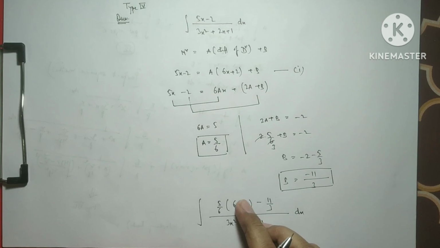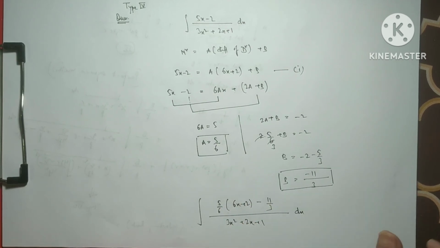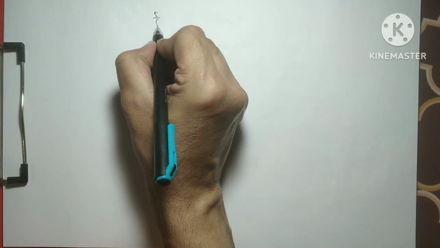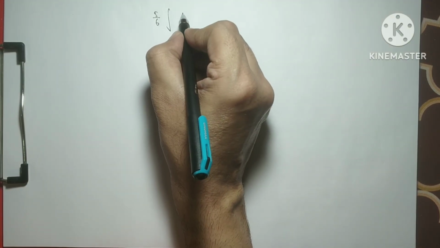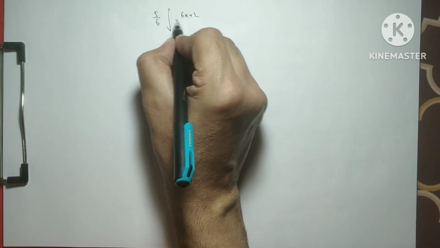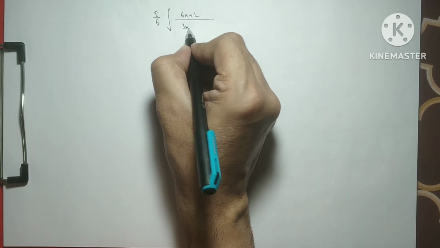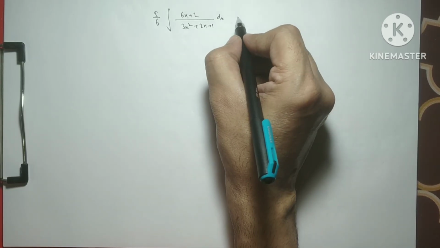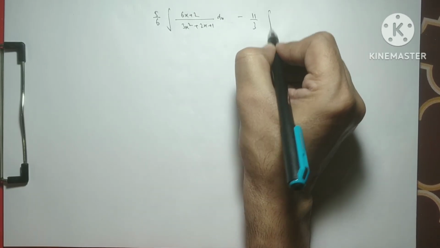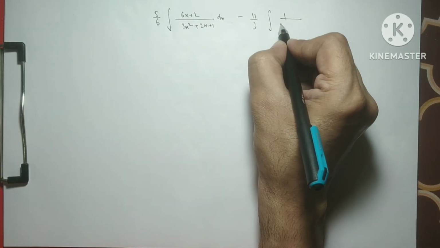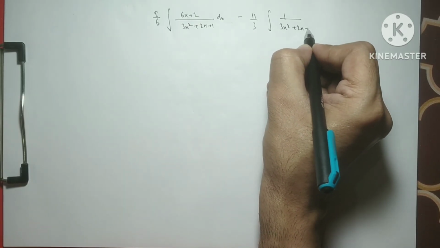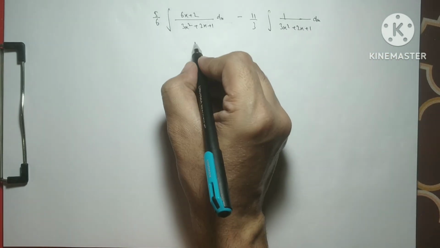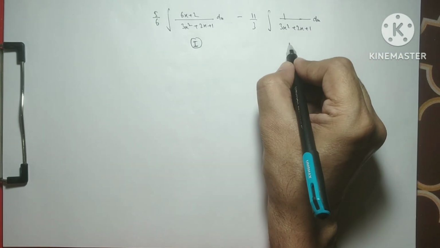Now we separate these, we will make two parts. So the first part is 5 over 6, and in the numerator right now 6x plus 2, and in the denominator we have 3x square plus 2x plus 1 dx, and there is 11 by 3 as 1 over 3x square plus 2x plus 1. Now this is the first part and this is the second part.